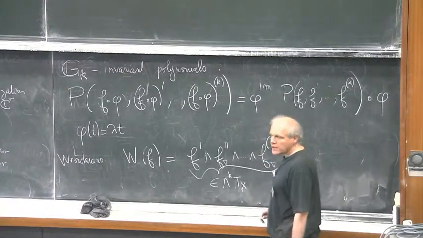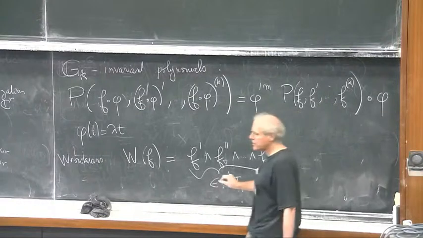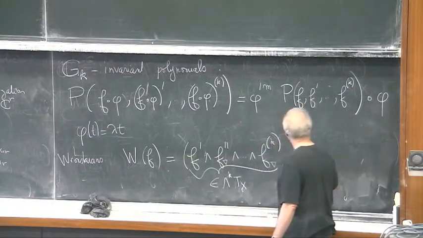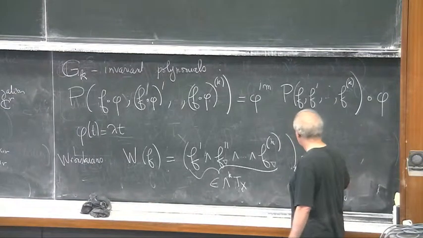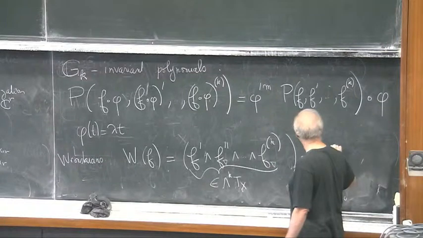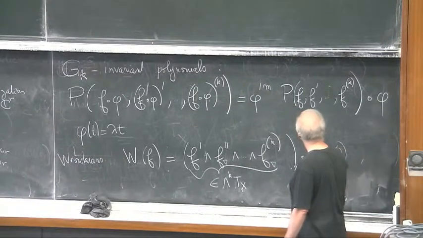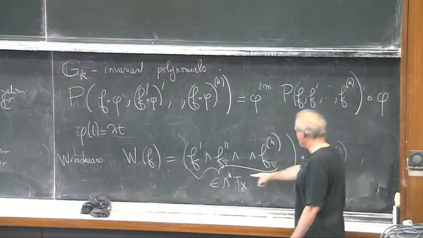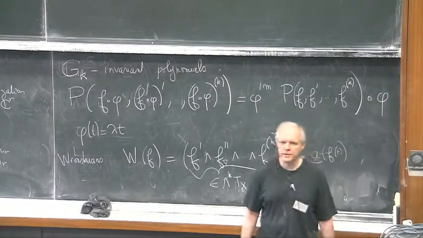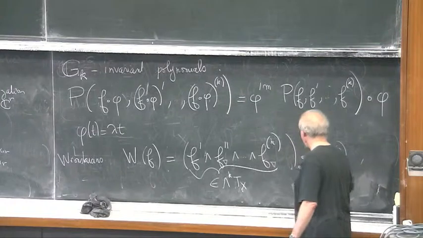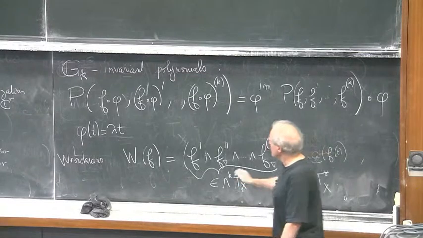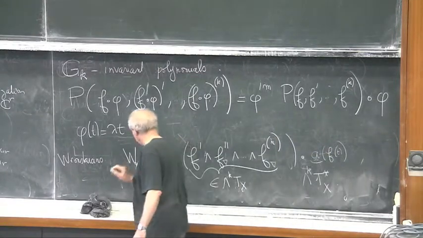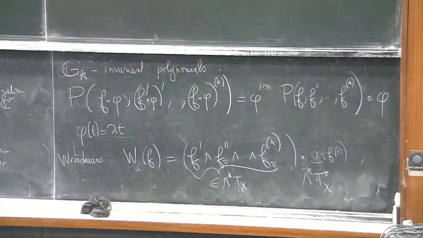So it's not exactly scalar valued. So if you want something which is scalar valued, you have to multiply by something which is in the dual. So by an A which you will take at the point f of t. And A now should be a section of the dual, if you want really a scalar valued operator. So A will be a section of Lambda^k T_X star. So now it depends on A, of course. Now if you take such an operator, it will be a G_k invariant operator.